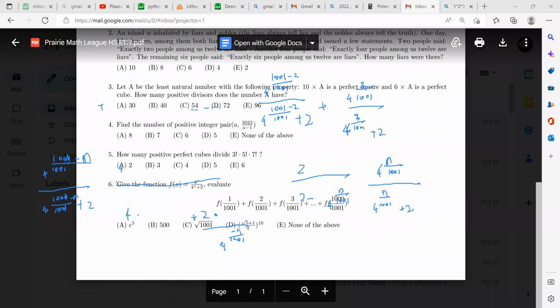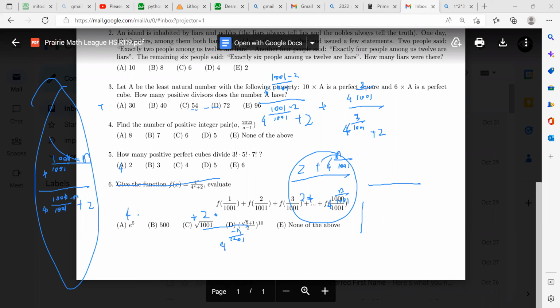Since they have the same denominator, we can just combine them. Let's just put this over here. We can combine them because they have the same numerators. Oh, this is plus, I accidentally erased it. And notice these two are the same thing. So this is equal to 1. So basically this term is equal to 1.